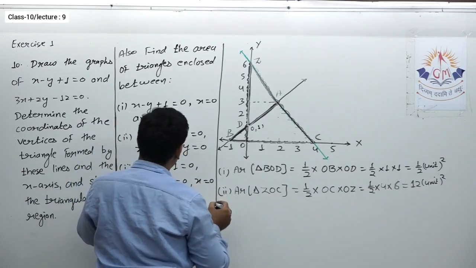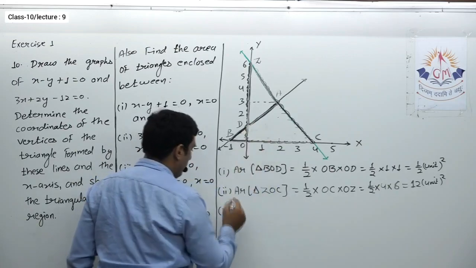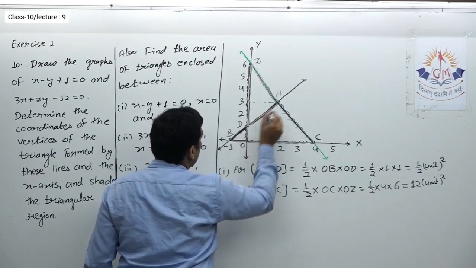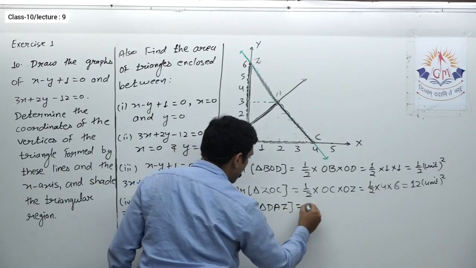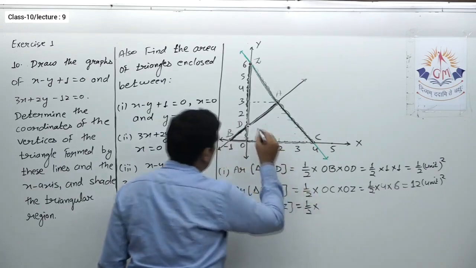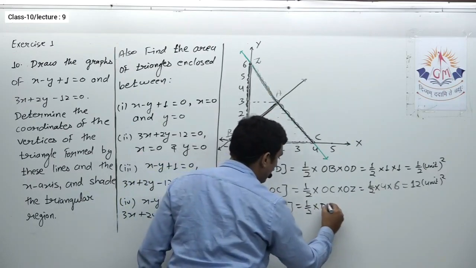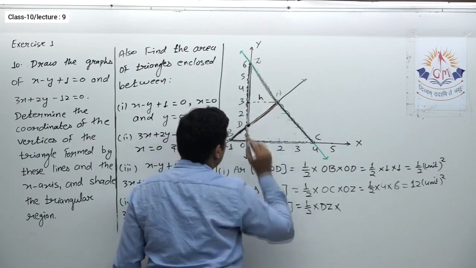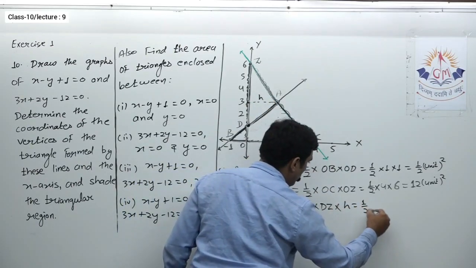So this much distance is 1. So for this I can say the area of triangle DAZ is again 1 by 2 into base. Now this time the base will be D to Z, DZ, and the height will be this A, and let me say it is H only. So the height is H. So 1 upon 2 into base.